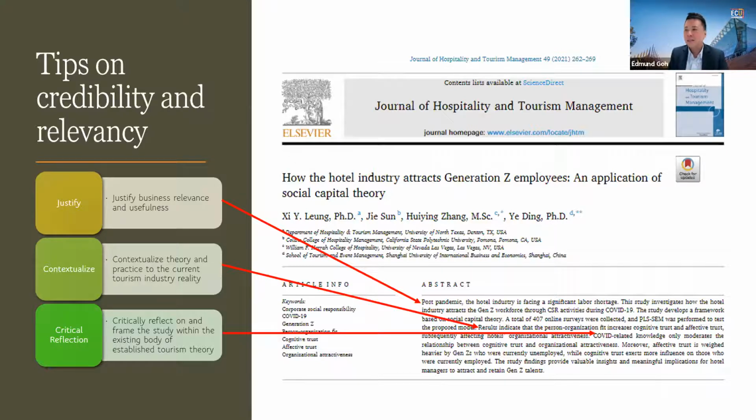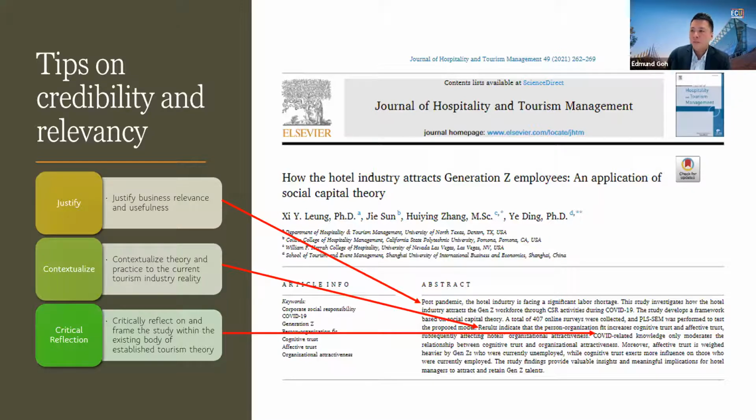So don't be a fence sitter. You must be able to critique what has been published and what has not been published, and therefore you must have your own flavor and stance, to demonstrate and justify why your research is significant and credible. That's something we look at. And I always bring it back to the first page as well.